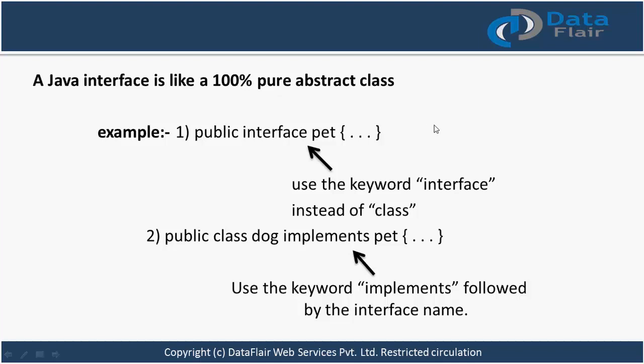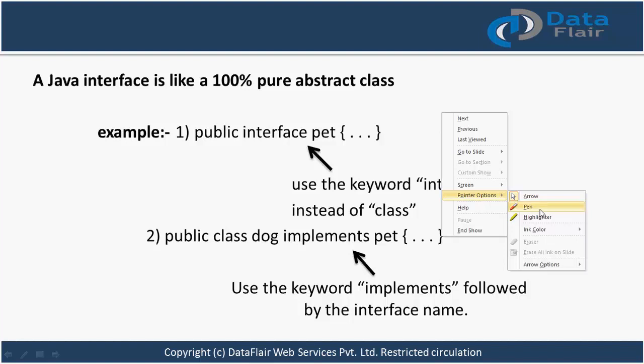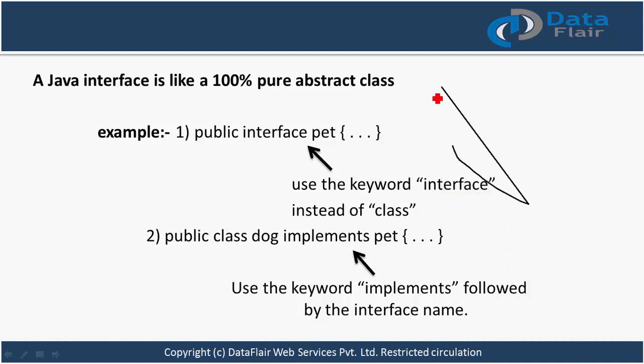If you have a class to class, it is always extends. But if you have an interface to class, it is implements. And if you have interface to interface, it is also extends.